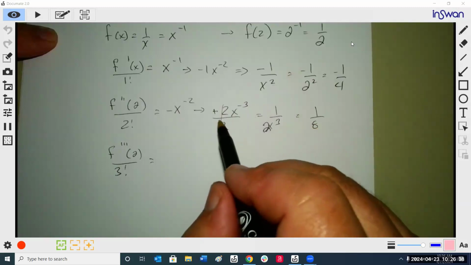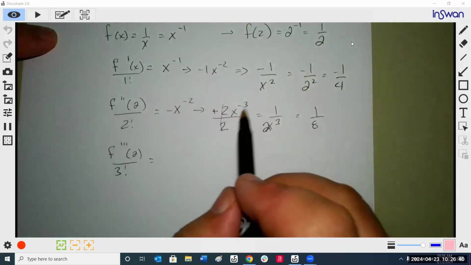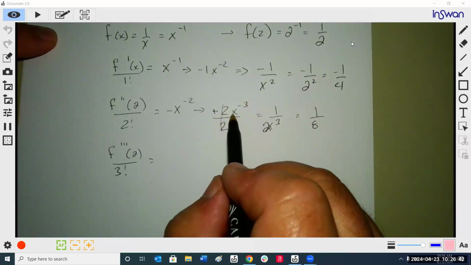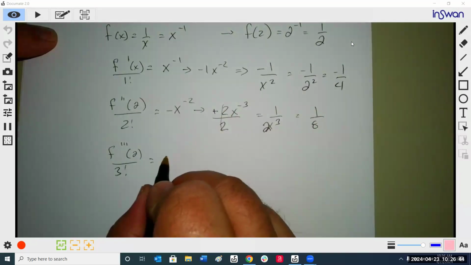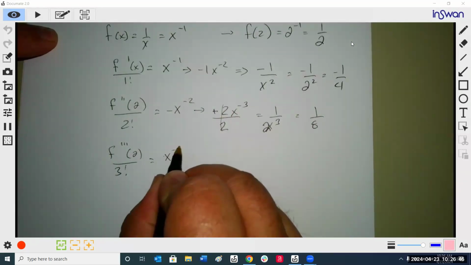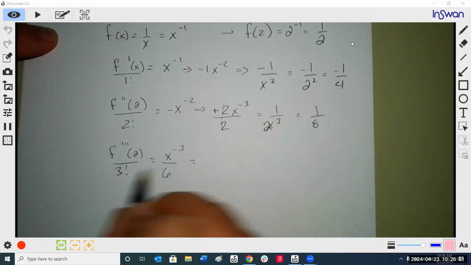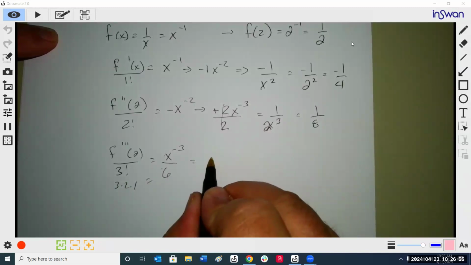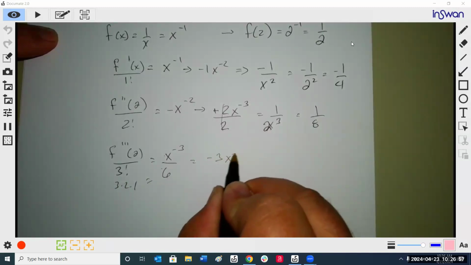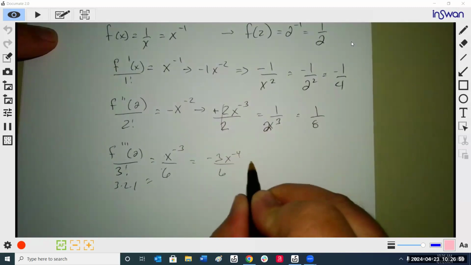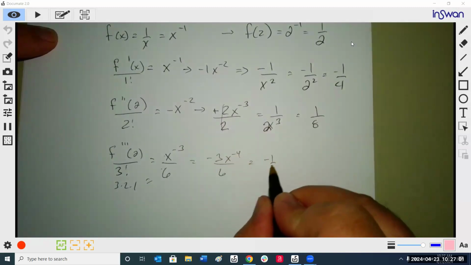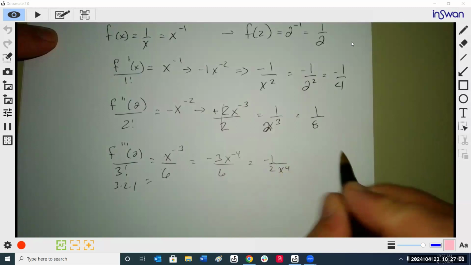So the derivative of that is x to the negative cubed. Three times 2 times 1 is 6. So it's negative 1/2 x to the 4th.